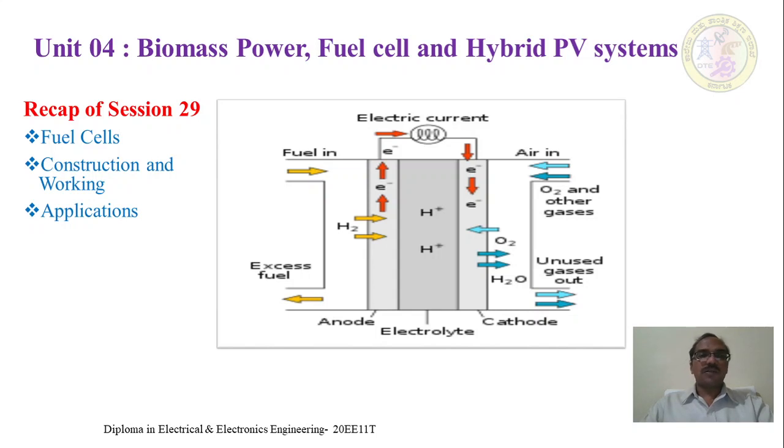At the anode, the hydrogen gets decomposed into H plus ions and electrons. These electrons flow through the external circuitry and produce electrical current, and then they are absorbed by the cathode. This is a continuous process. At the cathode, the oxygen reacts with these H plus ions and produces water as well as heat.